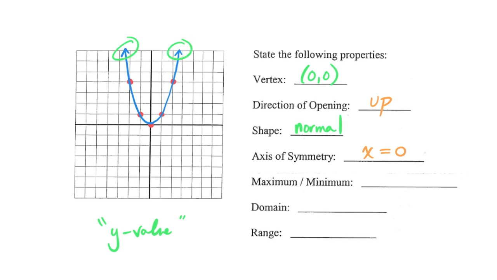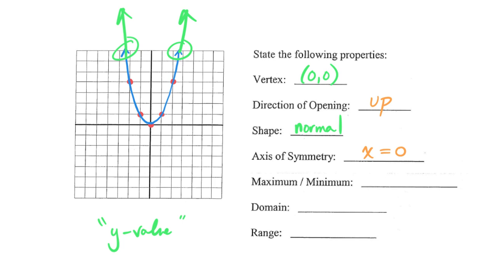Take a look at the top of that parabola. We put arrows on it because that parabola goes on forever and ever and never stops. So if I was to ask you, does that parabola have a maximum y value? I hope you would say no. If it keeps going up forever, then there is no top. There is no maximum.